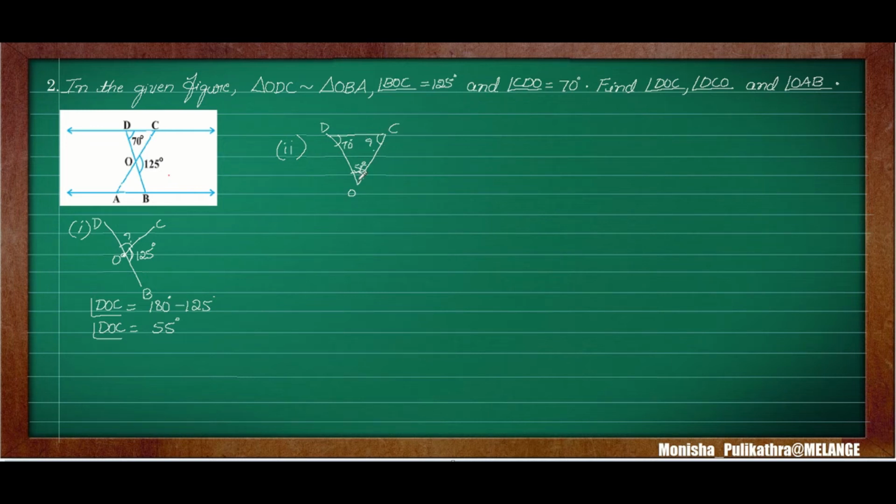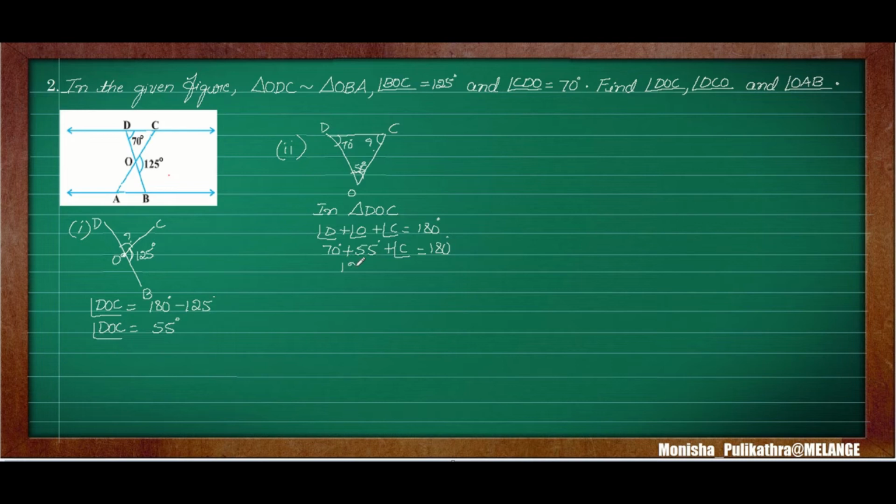We know that the three angles of a triangle add up to 180 degree, right? So in triangle DOC, angle D plus angle O plus angle C is equal to 180 degree. So angle D is 70 degree plus angle O is 55 degree plus angle C is equal to 180.